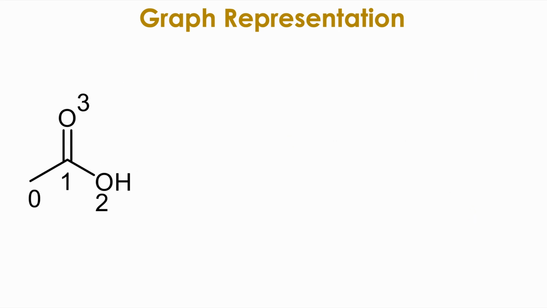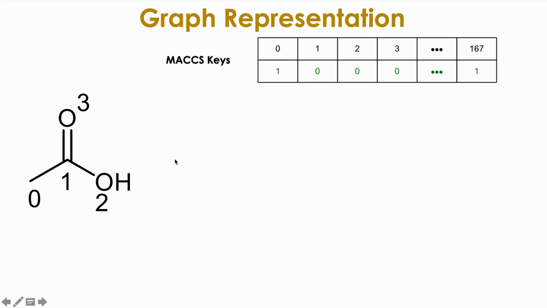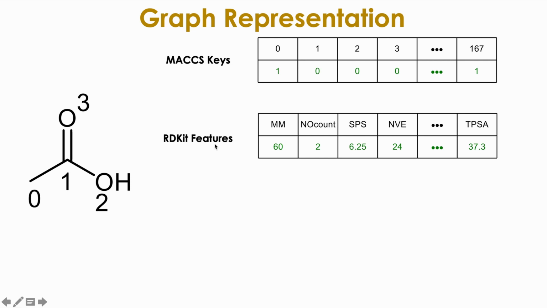So if we want to visualize how the graph-based descriptors would look like, then we can do a little comparison with the traditional methods of representing a molecule. For example, fingerprints. This is MACCS keys, and it has various keys, and its values are in the form of zeros and ones. Similarly, if we have RDKit descriptors, these are all global descriptors. Basically, this is the molecular weight, and it represents the molecular weight of the whole molecule here.